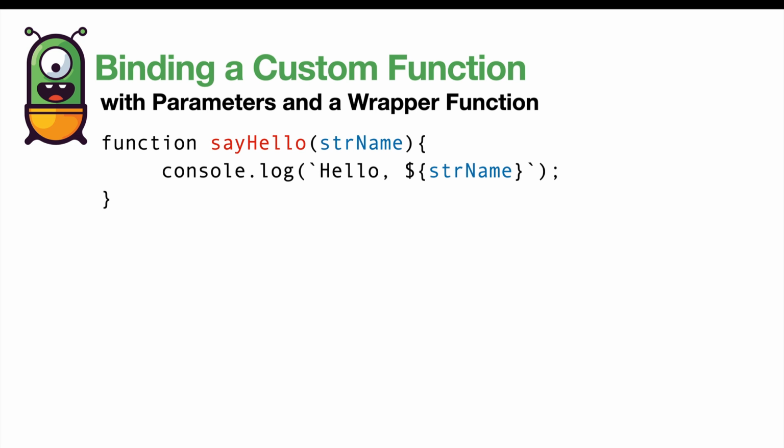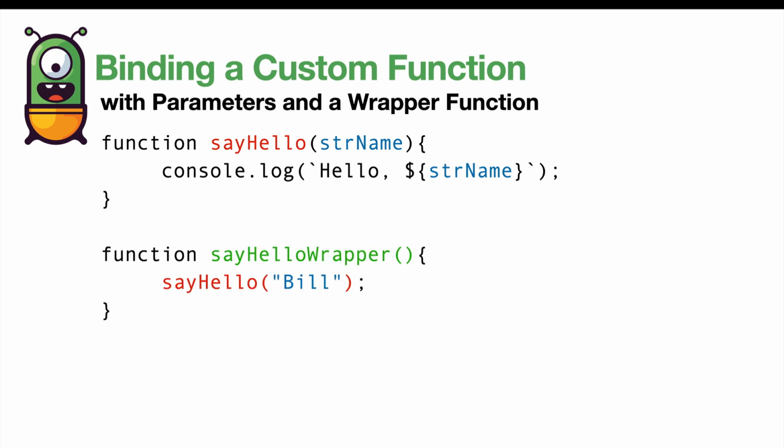And if we want to call that from an event listener and then be able to remove the event listener later, we would create another function, maybe call that one say hello wrapper. And from the say hello wrapper function, we're calling say hello with the parameter that we want. So you'll notice say hello wrapper has no parameters, and the parameter is embedded in that function call of say hello inside say hello wrapper.